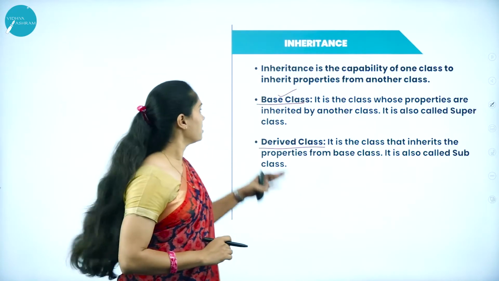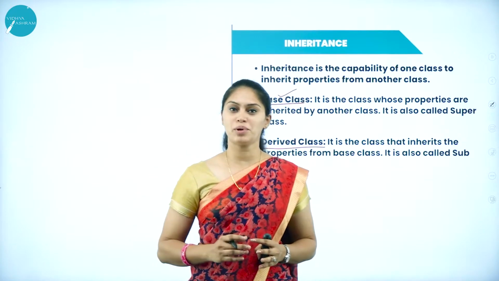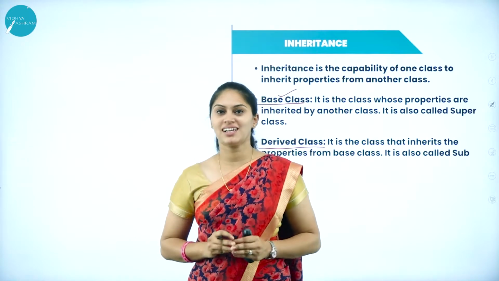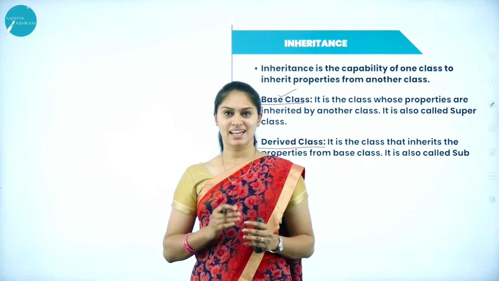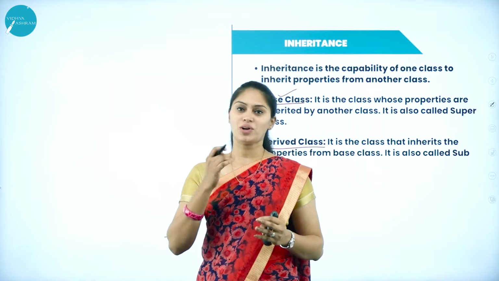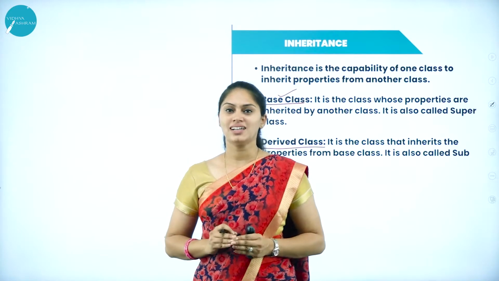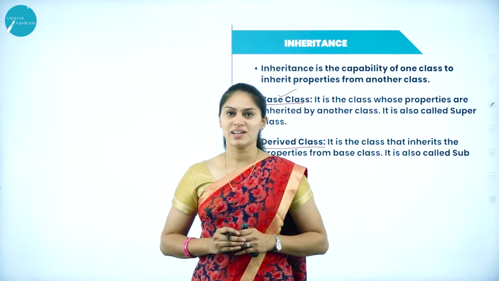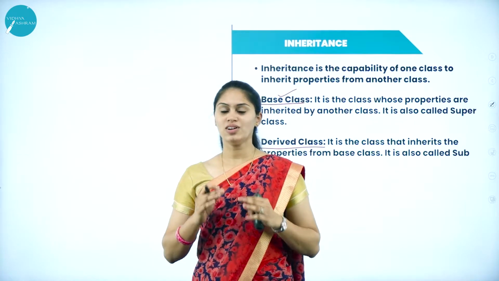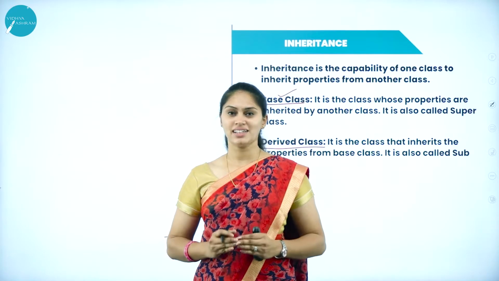Inheritance is the capacity of one class to acquire the properties or features of another class. That methodology is known as inheritance. So, here you have to consider two terminologies, that is base class and derived class.